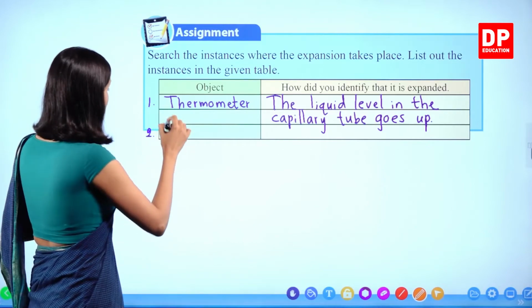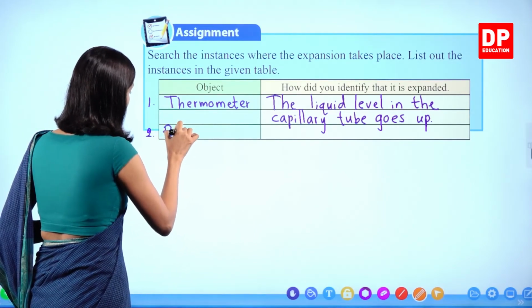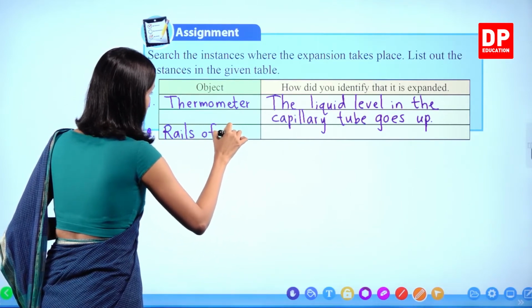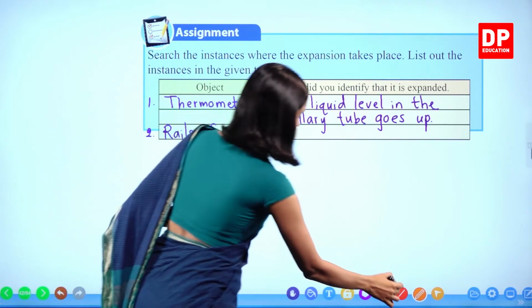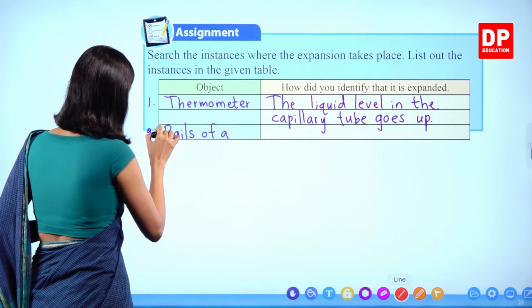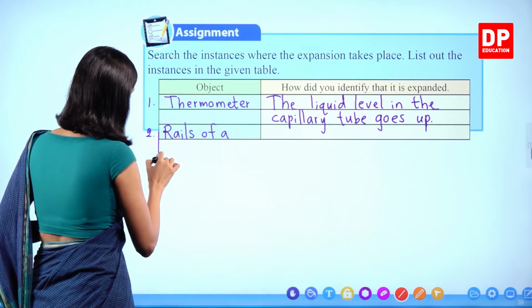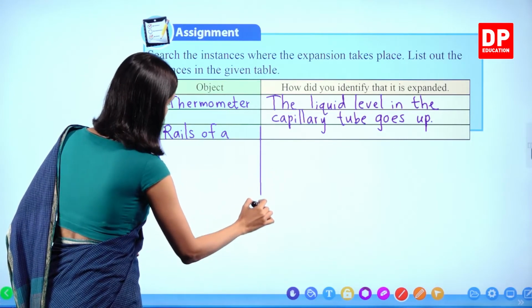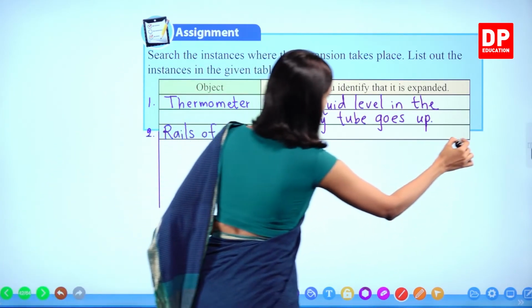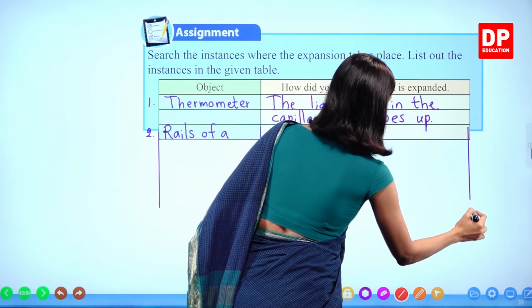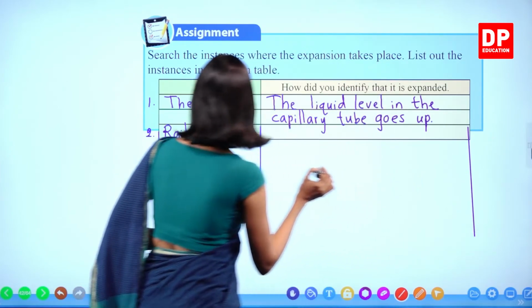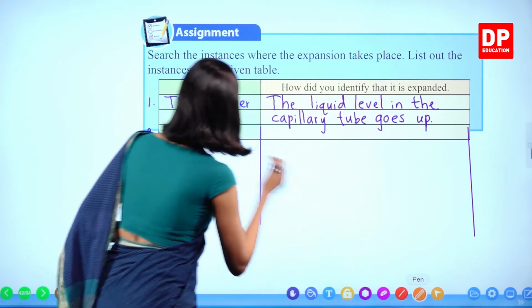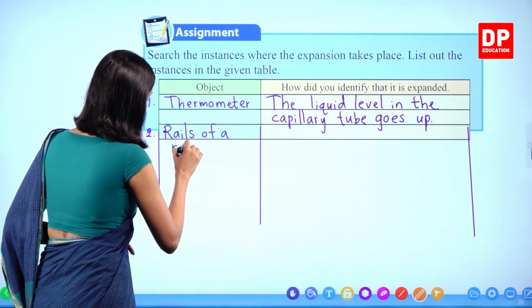We'll write that one as well. Rails of a railway.